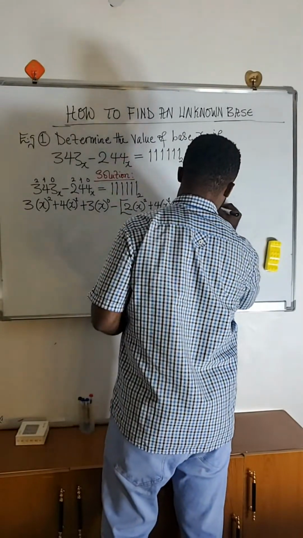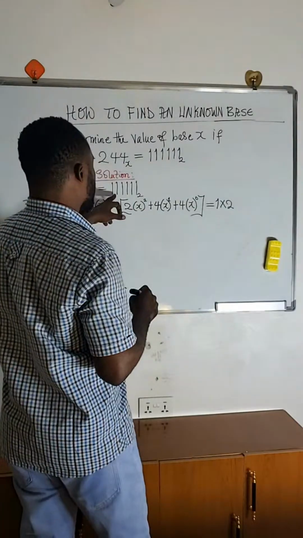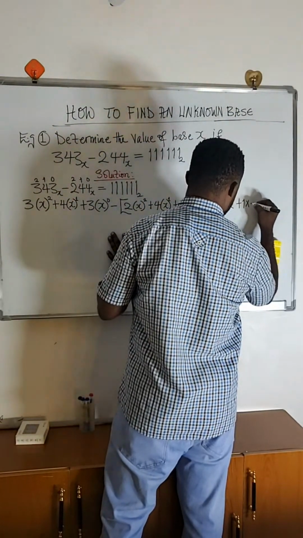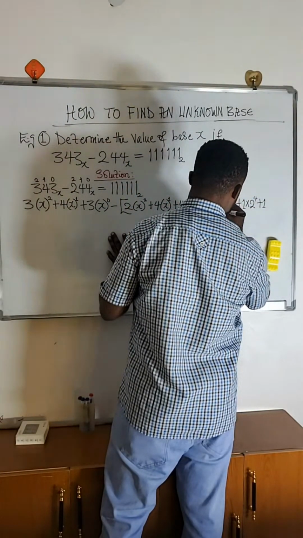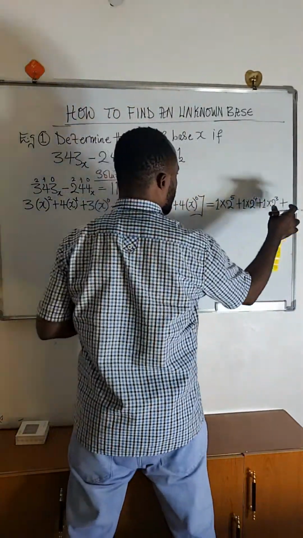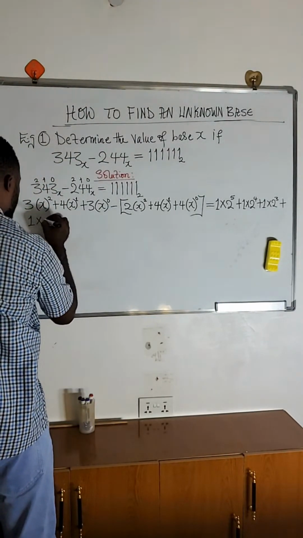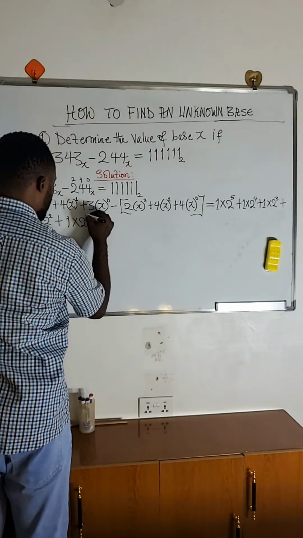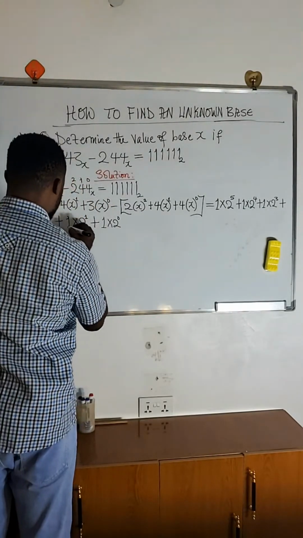So that is equal to 1 times 2 raised to the power of 5, plus the next one times 2 raised to the power of 4, plus the next one times 2 raised to the power of 3, plus the next one times 2 raised to the power of 2, plus the next one times 2 raised to the power of 1, plus the last one times 2 raised to the power of 0.